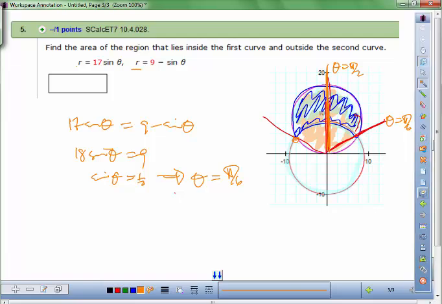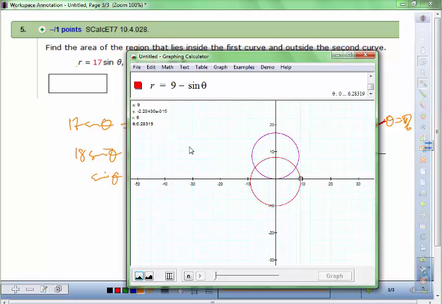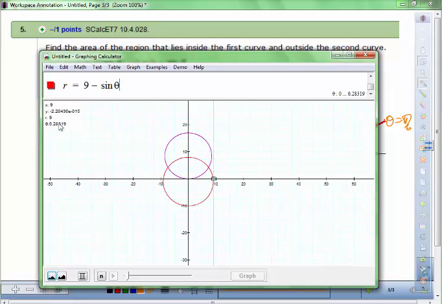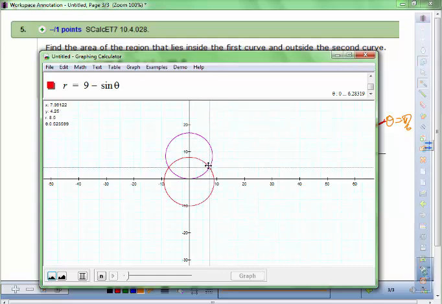So here's the other thing you could do with your calculator, is that if you have an idea of what these angles are, you can usually just trace them, and you have to hit trace. And for this particular graphing calculator program, I can trace it, and it'll give me some idea of what the angle is. In this case, the angle is 0.523, which is probably, is it pi over 6?